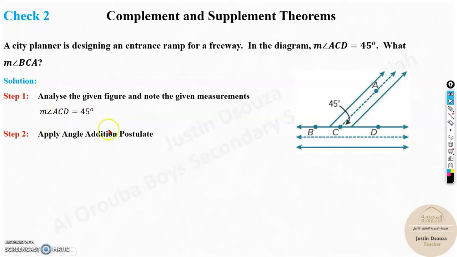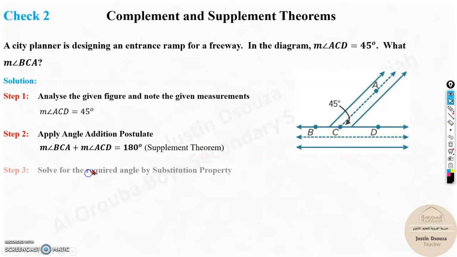The measure of ACD is given to be 45 degrees. Now use the supplement theorem, and we know the sum of both of these angles. BCA plus ACD will give us 180 degrees. So now over here, BCA is what we have to find. ACD is 45, equals 180. Take 45 to the other side, solve.